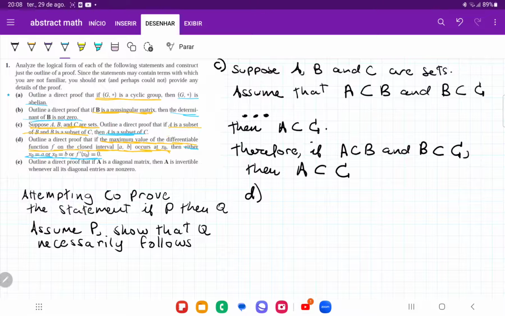So what we're going to do here is we're going to say, okay, assume the hypothesis, right?